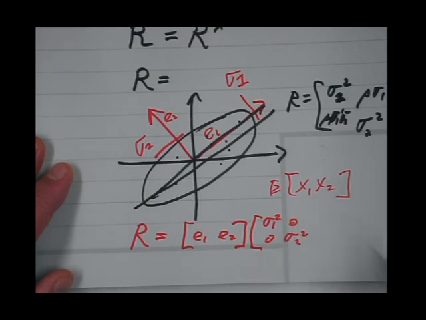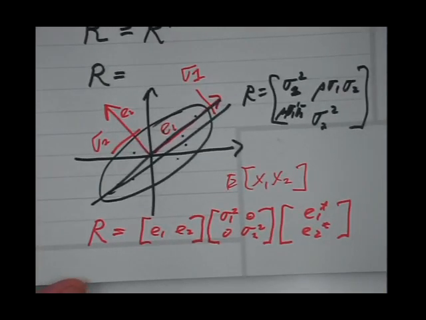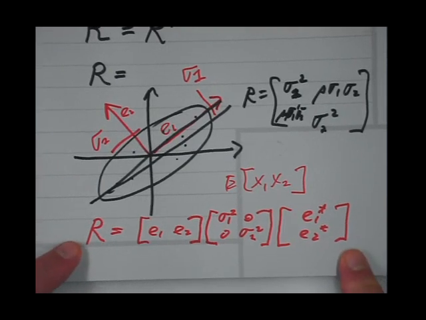Those are the eigenvalues. And then this is going to be E1 transpose and E2 transpose, right? This is just a way of expressing autocorrelation. You diagonalize it, okay? Are you guys with me now?